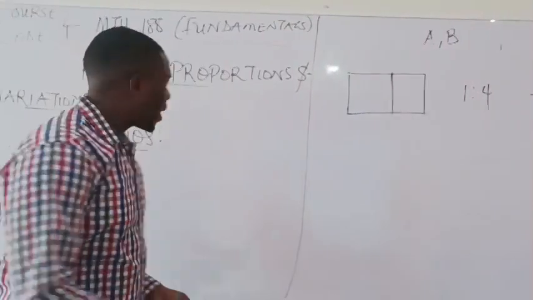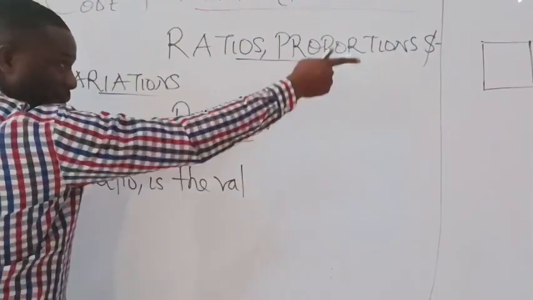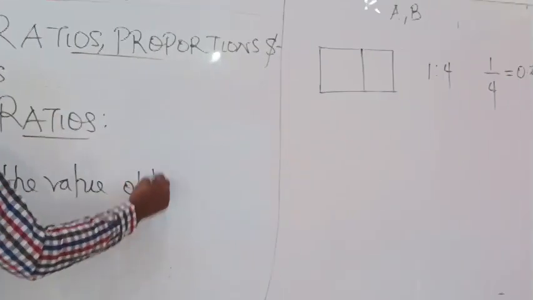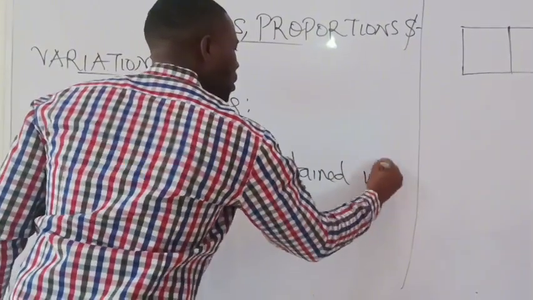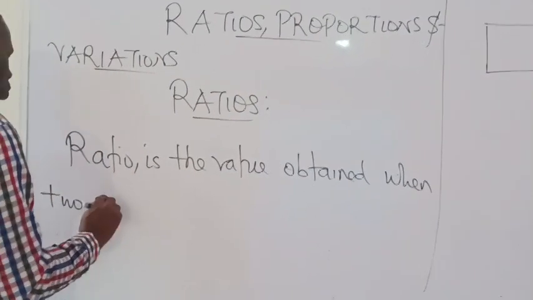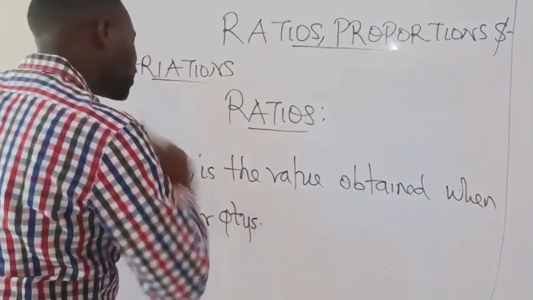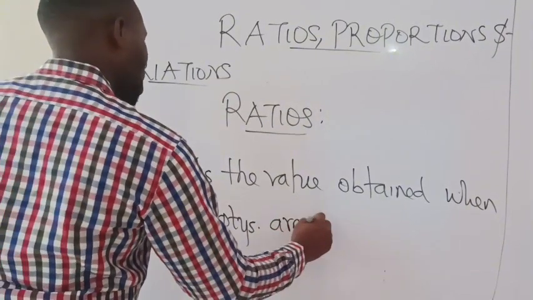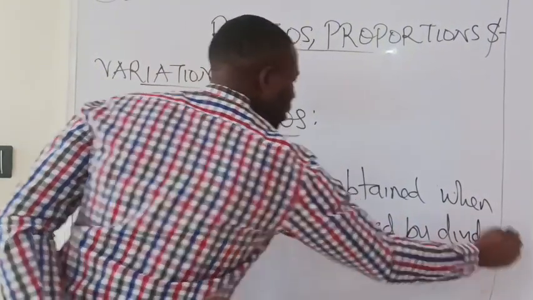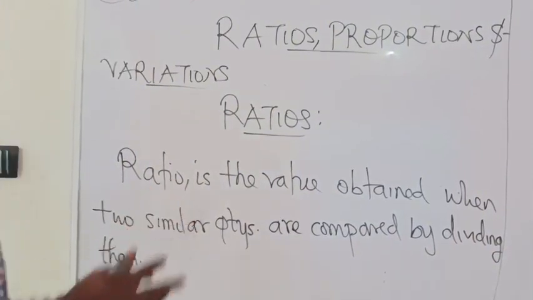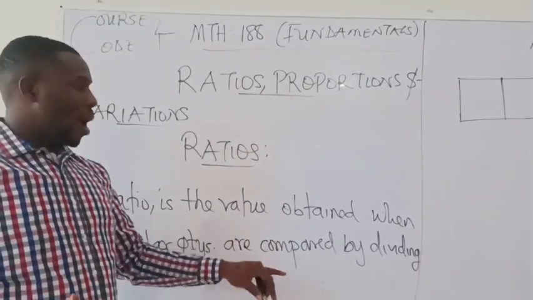So what is ratio basically? Ratio is the value obtained when two similar quantities are compared by dividing them.